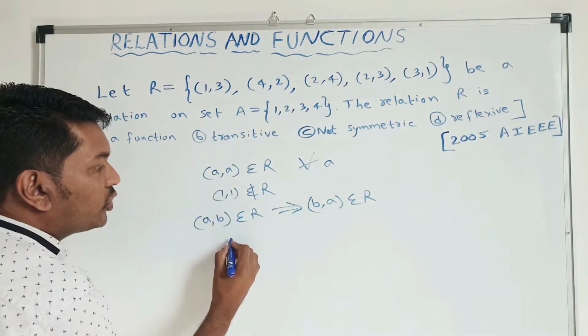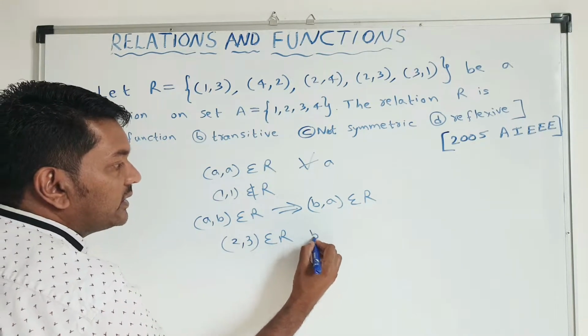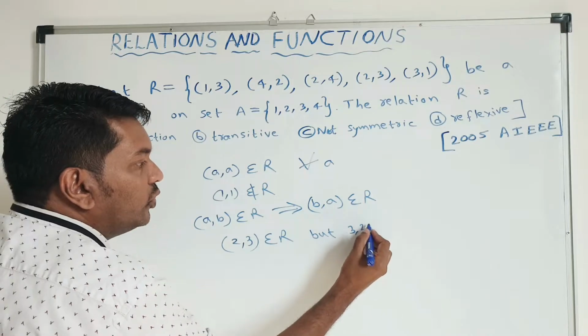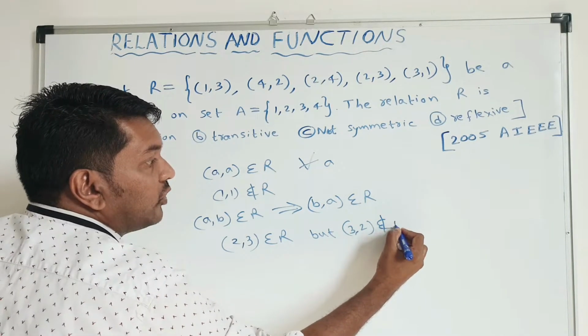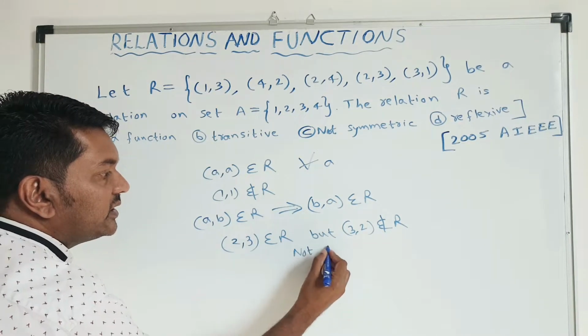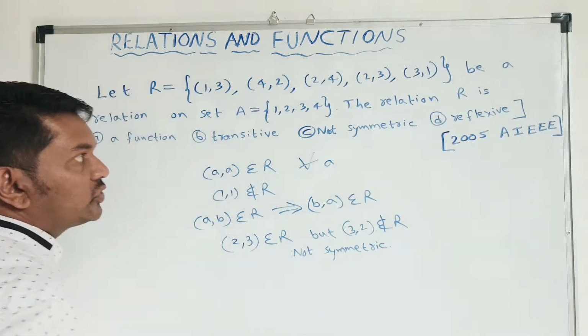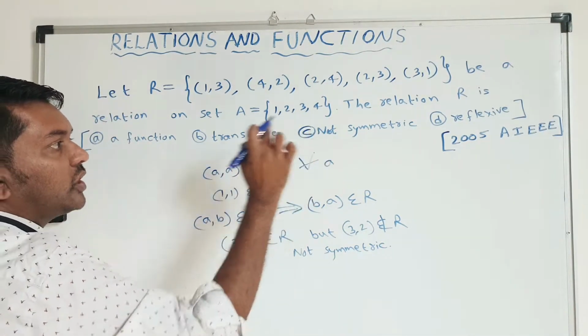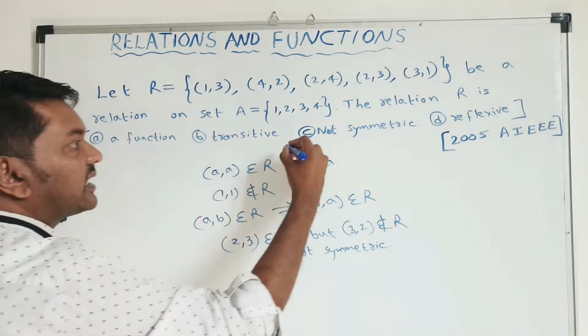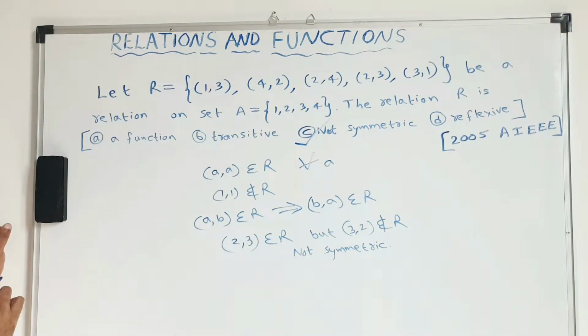But next element (2,3) is an element of R. But (3,2) is not an element of R. It is not there in this set. Therefore, it is not symmetric. So we got already the answer C, not symmetric. C is our answer. Now still we will check whether it is a transitive relation or not.